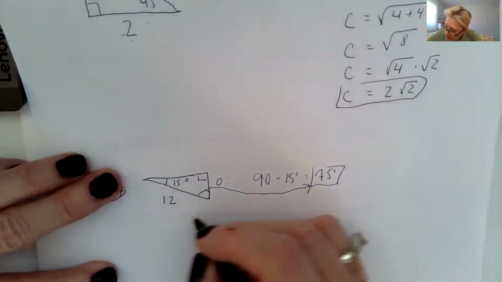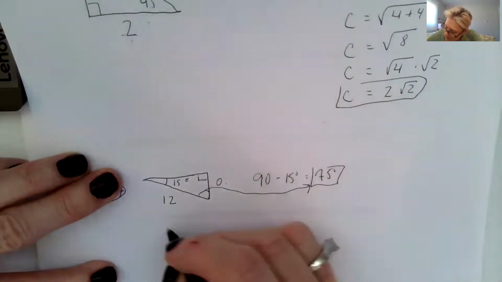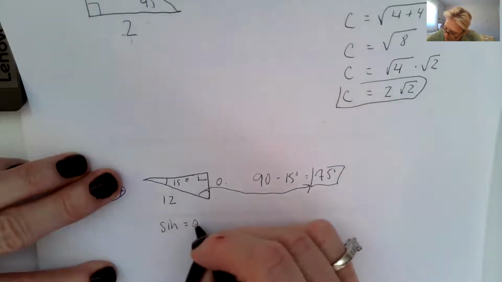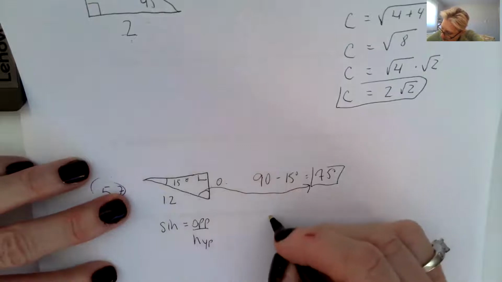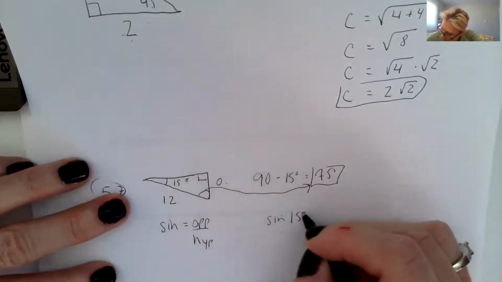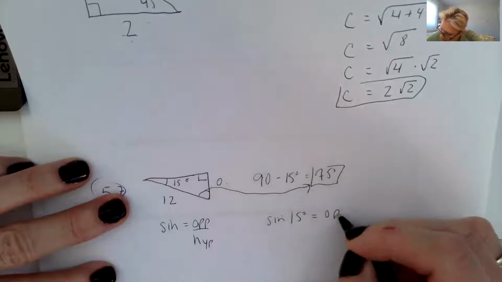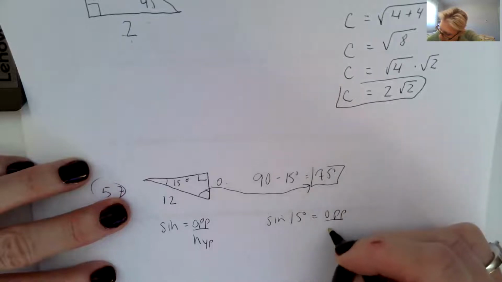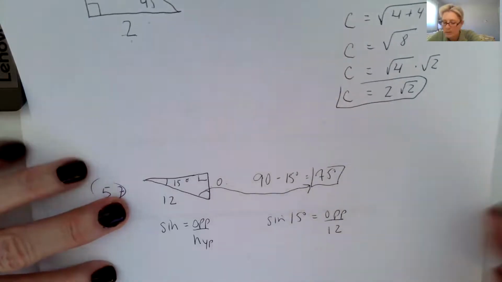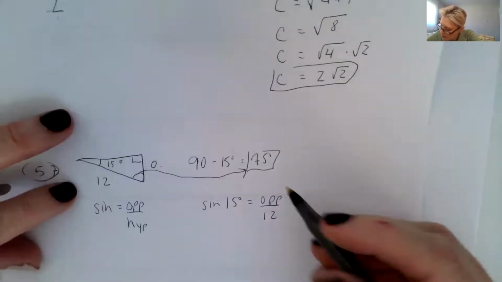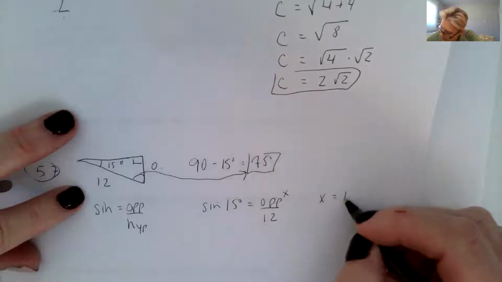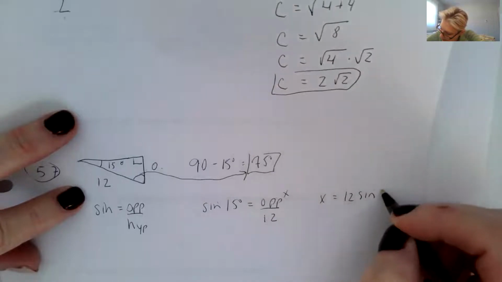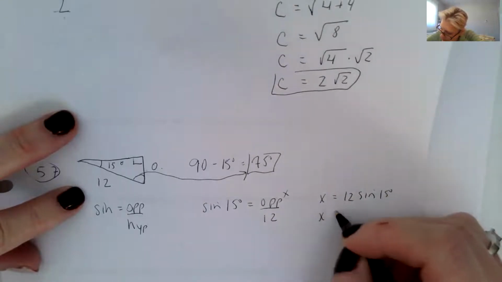So we know that sine is, let's give ourselves some room, sine is opposite over hypotenuse. So the sine of 15 degrees is going to be equal to the opposite side over 12. We're going to call the opposite side x. So x is going to equal 12 times the sine of 15 degrees.